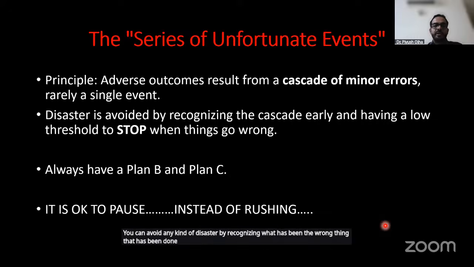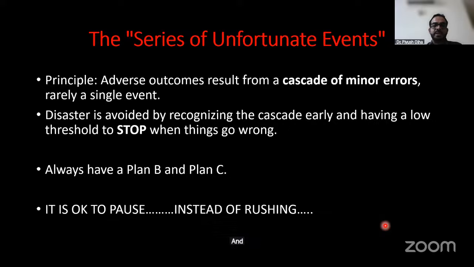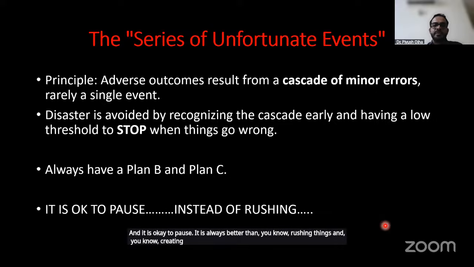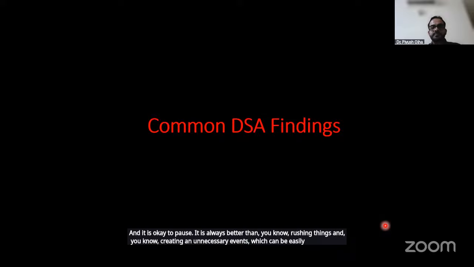And you should have a very low threshold to stop. Whenever there is anything that you're not sure about or not comfortable with, try to stop. You should always have a plan B and C, whether it's a diagnostic procedure or a therapeutic procedure. And it is okay to pause. It is always better than rushing things and creating unnecessary events which can be easily prevented.